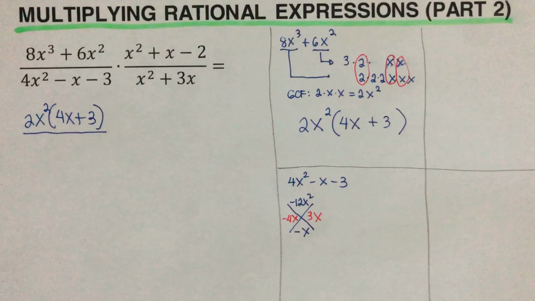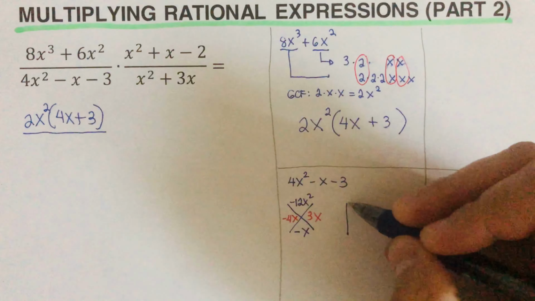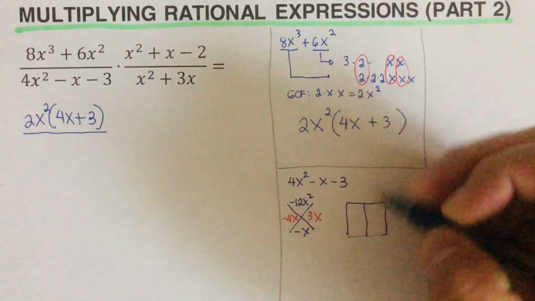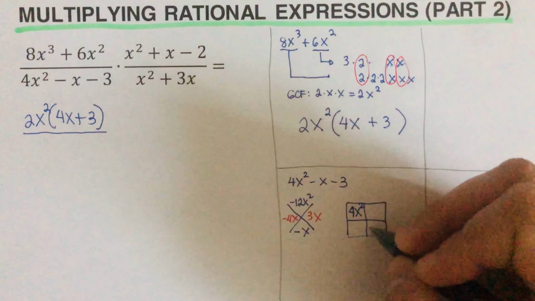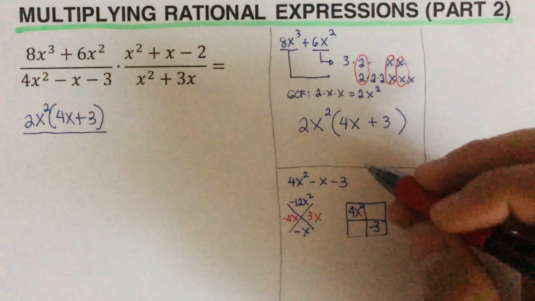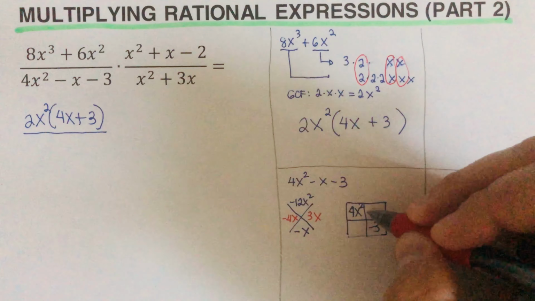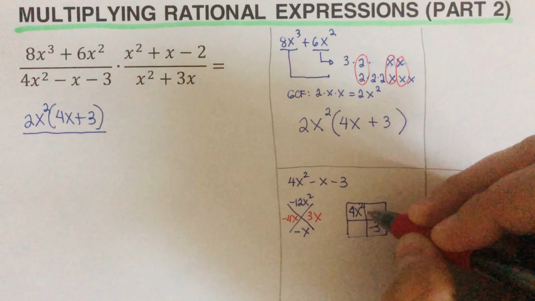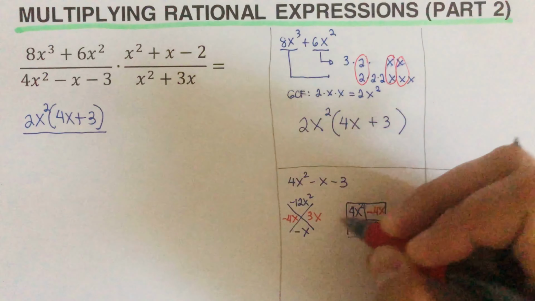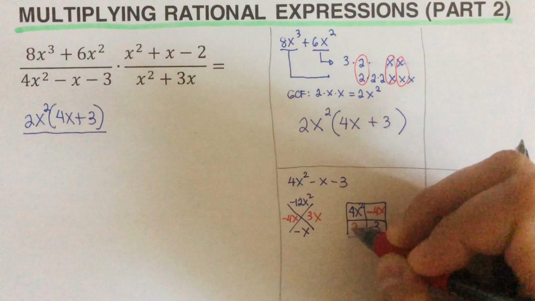So from here, we can proceed to drawing the box. The terms that we write on the box would be 4x squared and then negative 3. And then the red factors can go anywhere here. So I'm just going to say this is negative 4x here, and then the other red one right there is 3x.